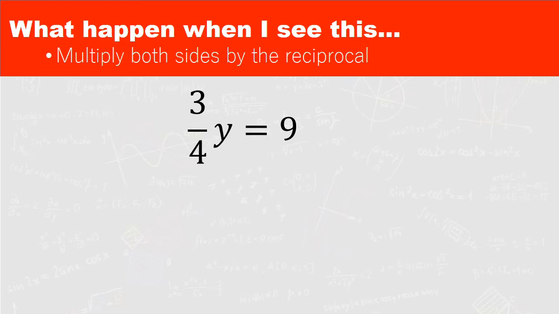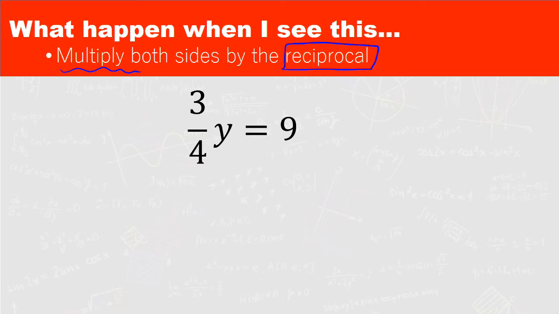So now the question is, what happens when I see this? I'm given 3/4 times y equals 9. In order to solve this equation, we're going to multiply both sides by the reciprocal.